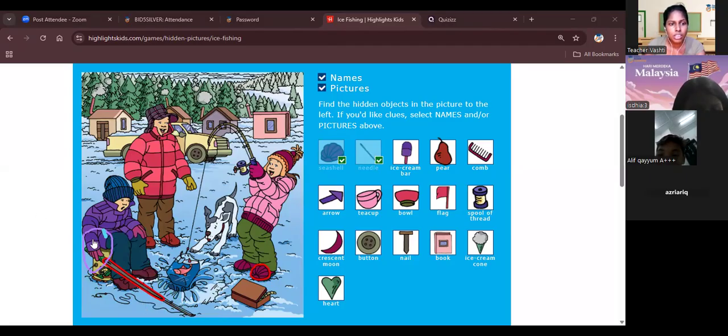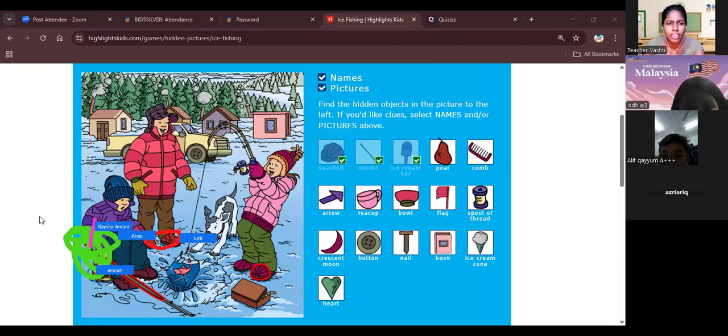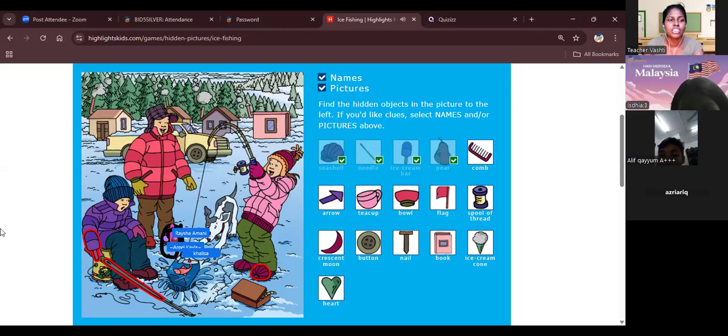Ice cream bar. This one? Wow, very good. How about pear? Don't copy, please. Once done, move on. Pear. Okay, very good. Comb.